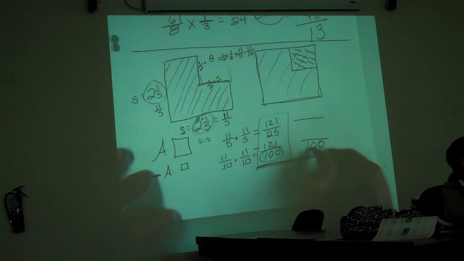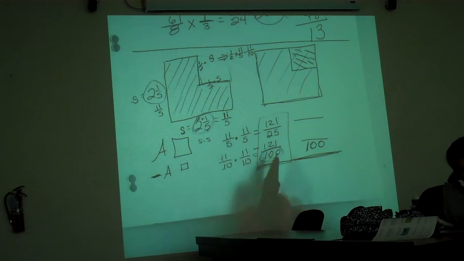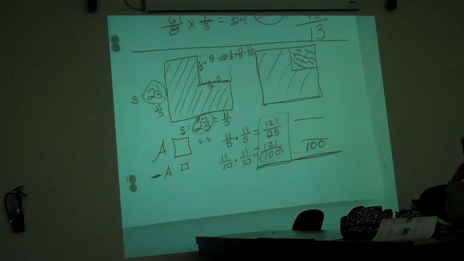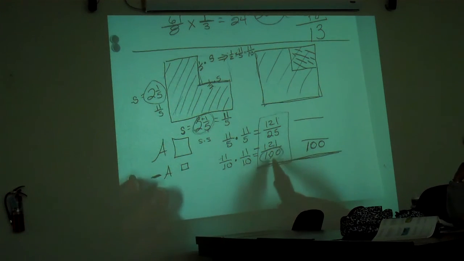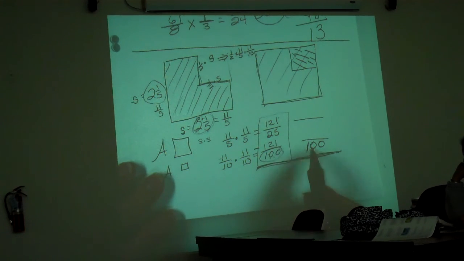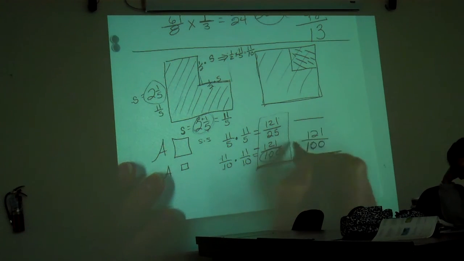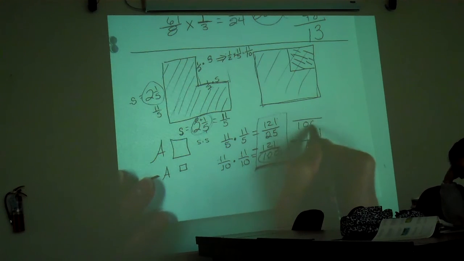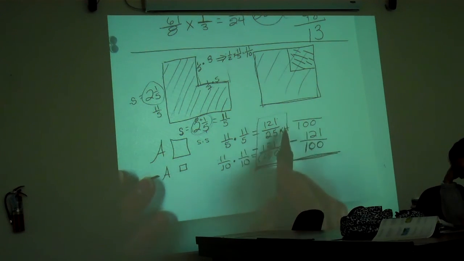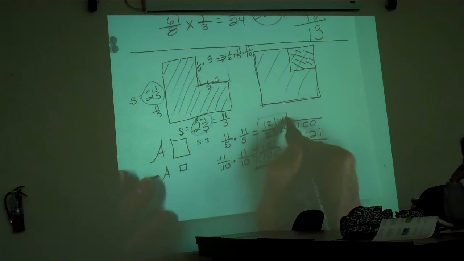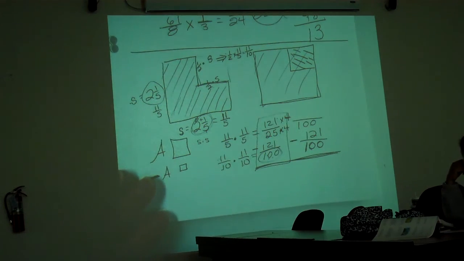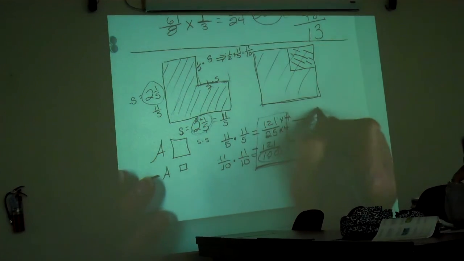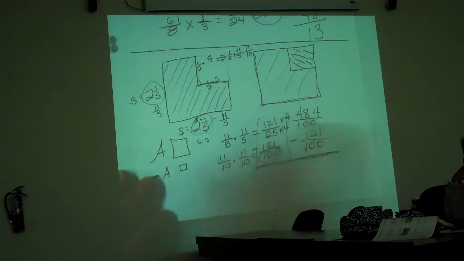Okay, 100, this stayed the same, so the top will stay the same. We'll leave the subtraction sign so we'll know what to do with it. 25, to get to 100, we had to multiply by 4, right? Times 4, so multiply the top times 4. 121 times 4 is 484.